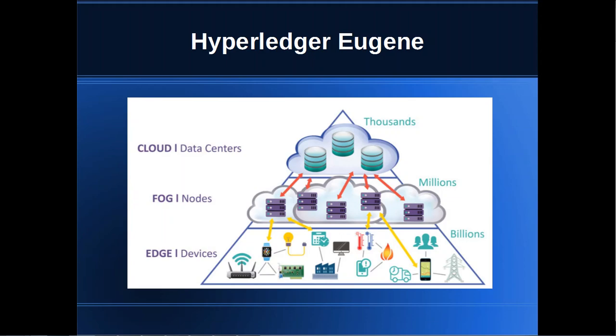RetroShare is a little application. It's not a HyperLedger application. I don't know whether it ever will be, but it's basically a peer-to-peer messaging system, which we're testing out for another project I'm working on here in Eugene, Oregon.